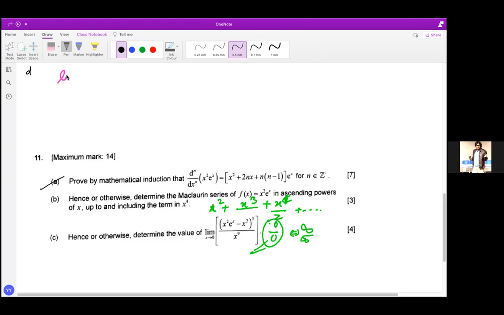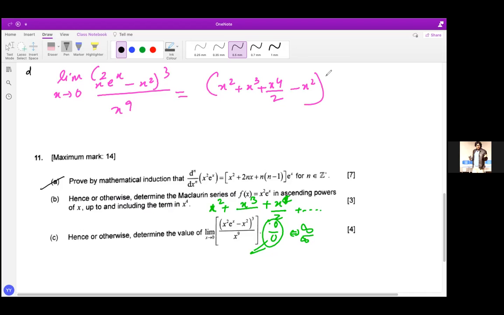So if you have got the limit x tending to 0 of x squared e to the power x minus x squared, whole to the power 3, over x to the power 9, we already got the expansion of x squared e to the power x as x squared plus x cubed plus x to the power 4 over 2, minus x squared.